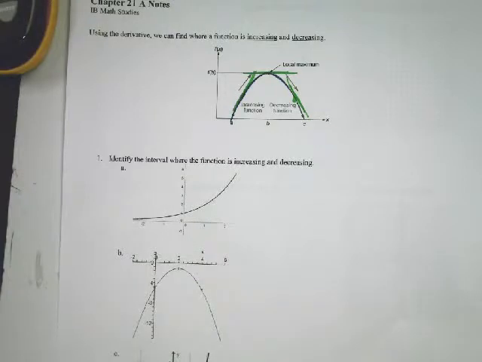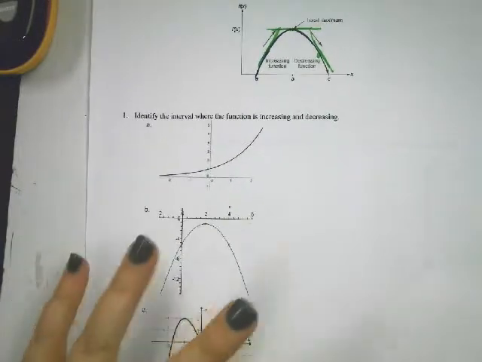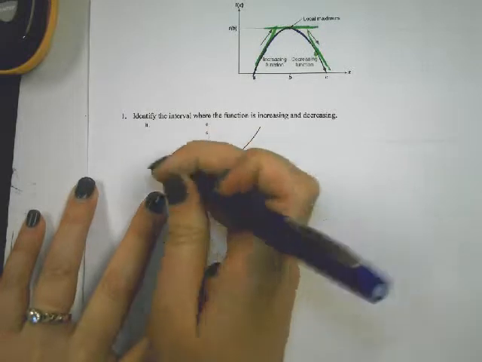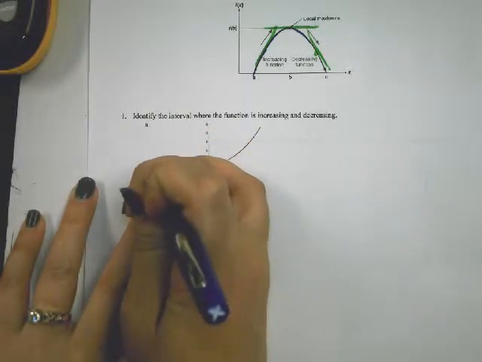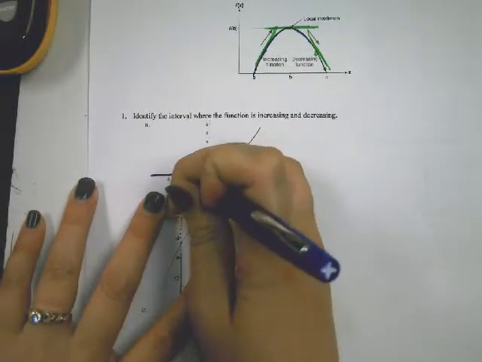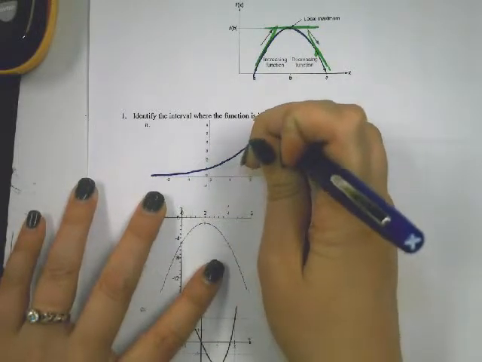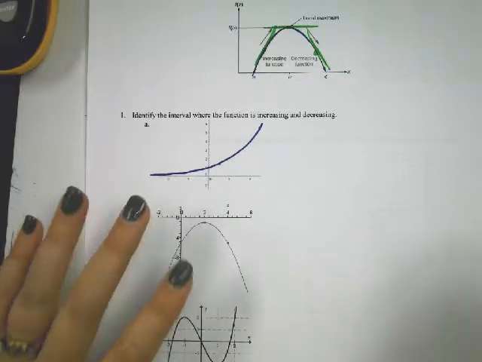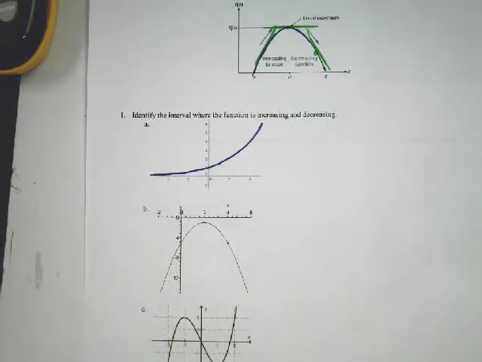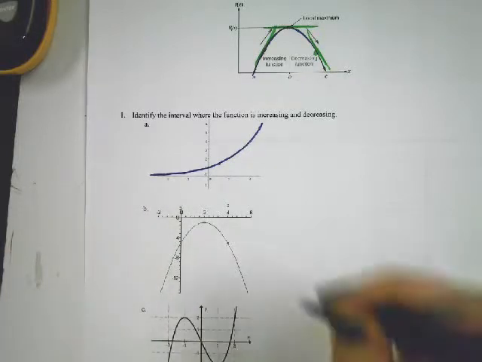So for question 1, intervals where the function is increasing and decreasing. If I follow this line from left to right, this is barely increasing, and then it begins to increase quicker and quicker and quicker. This line is increasing from left to right. The whole thing is increasing.